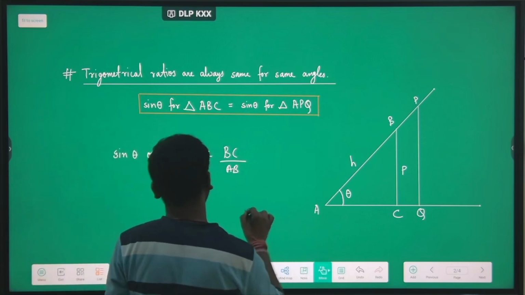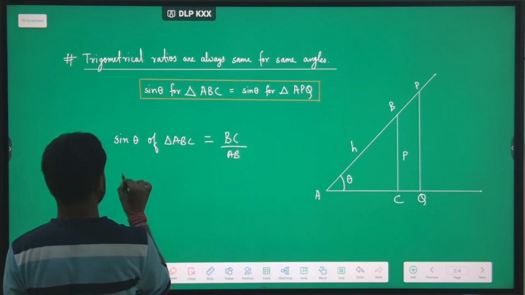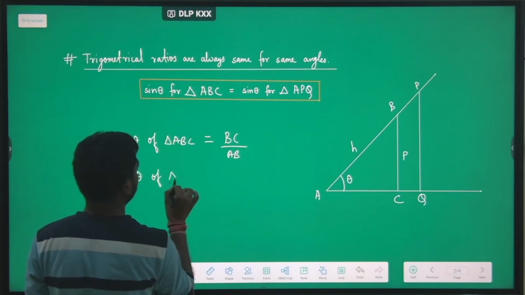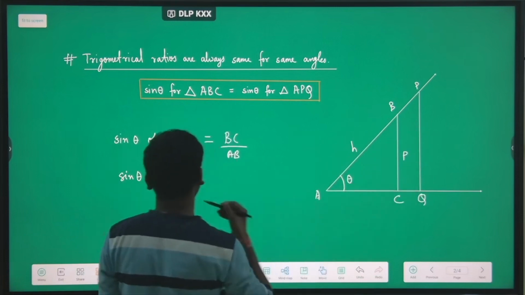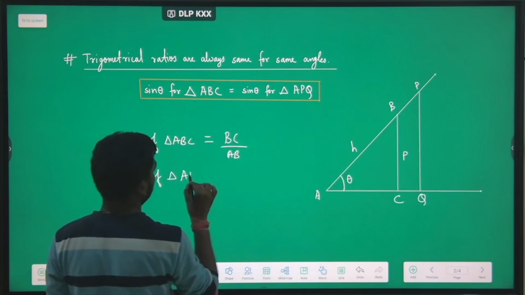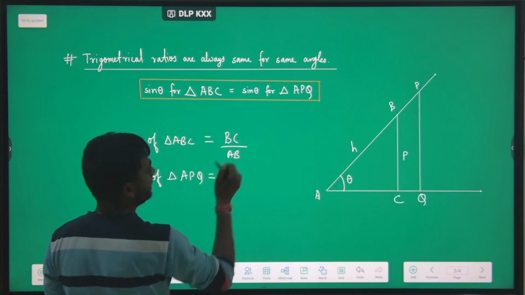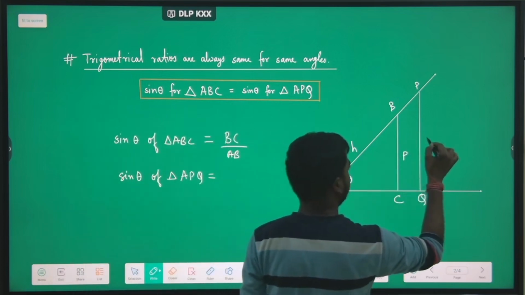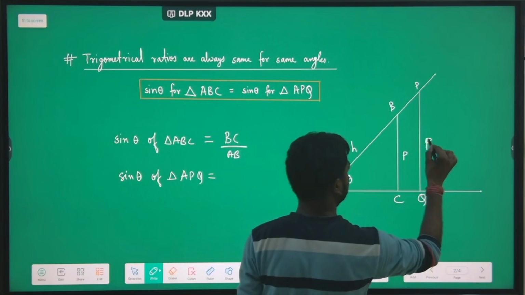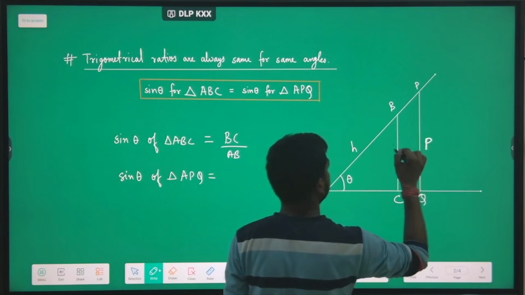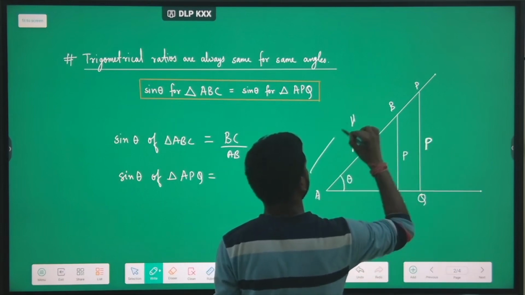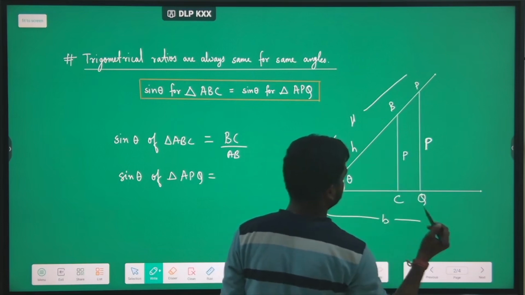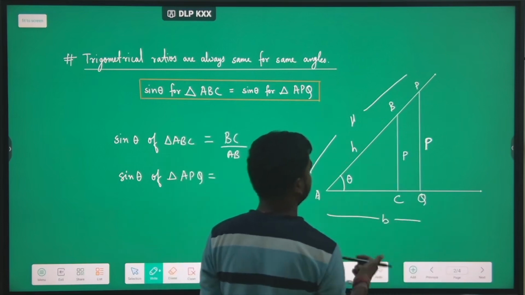Similarly, sine of angle theta for triangle APQ is what? Let us suppose that this is a bigger P, this is a bigger H, and this is a bigger base.